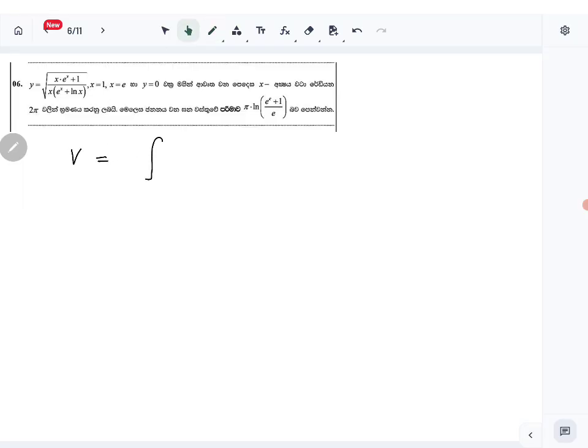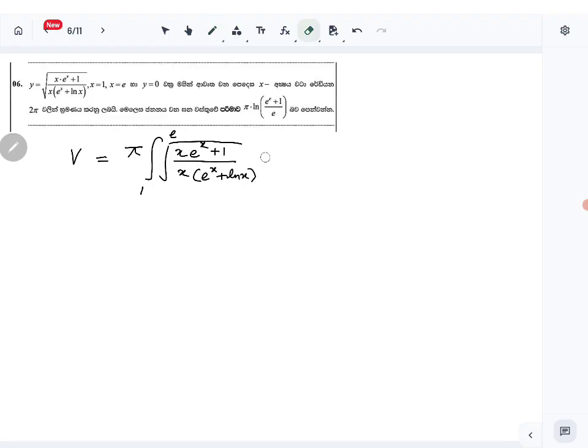We have to go from x equals 1 to e. Those are our limits. Pi times the curve squared. So the curve squared will get rid of the square root. This one whole thing squared.